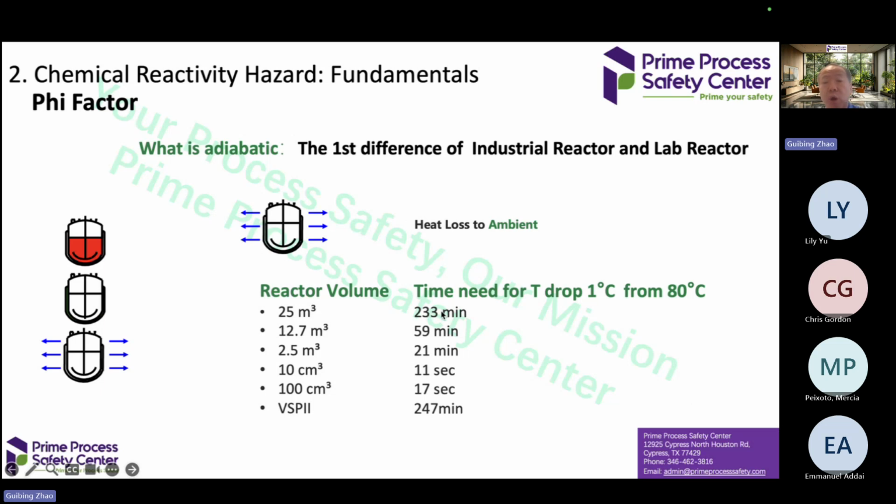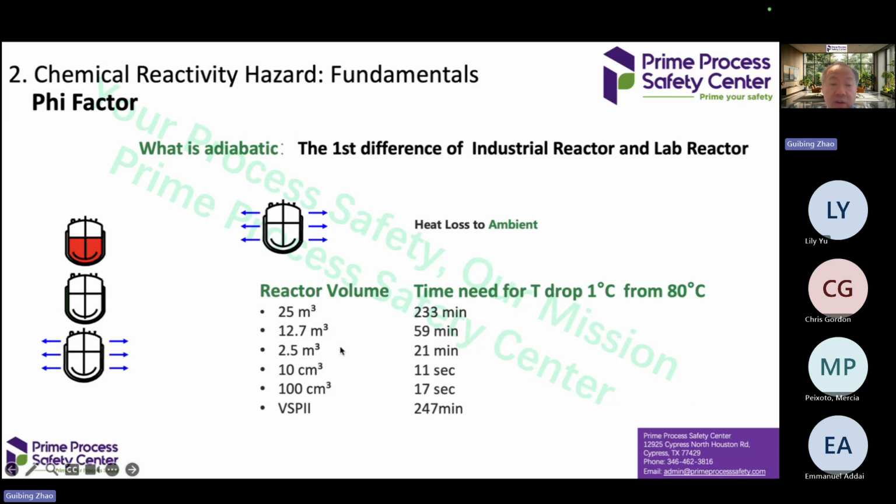We want to know how much time it takes to drop the temperature from 80 degrees C by 1 degree C to 79 degrees C. I did this simulation using natural heat release to the environment, at an ambient of 25 degrees C. For a 25 cubic meter reactor, a one degree C drop will take about 4 hours.